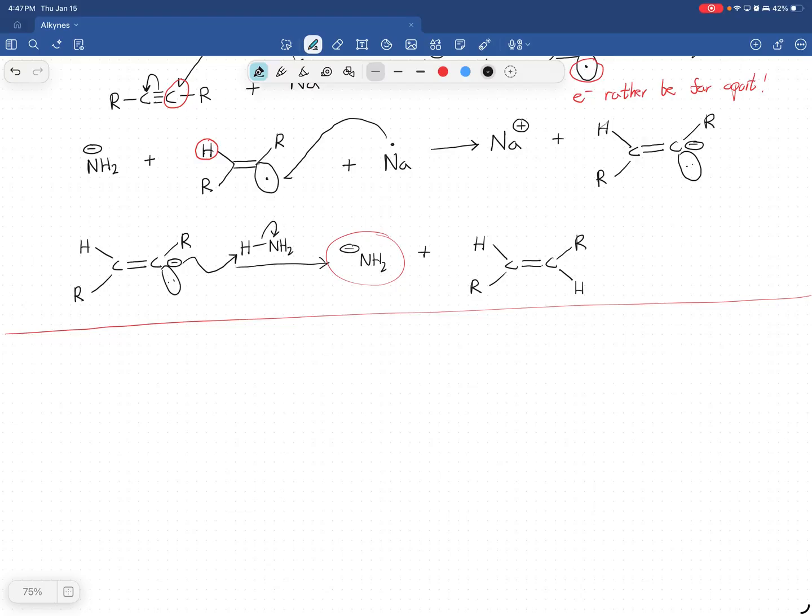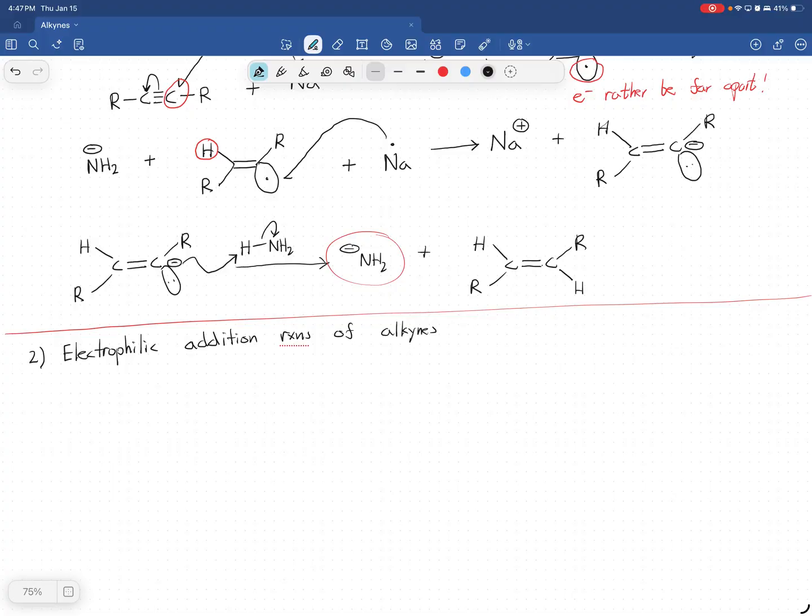All right. So, what's number 2? Let me just reintroduce this topic here. Electrophilic addition. Do we remember electrophilic addition of alkenes? What was electrophilic addition?